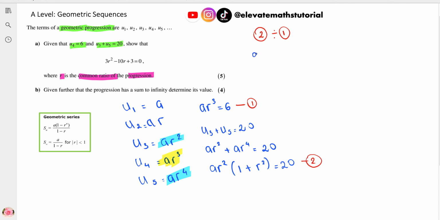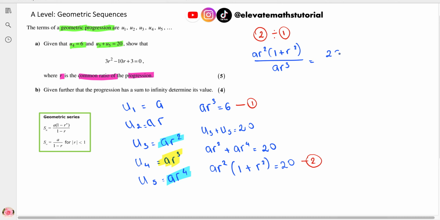So ar squared into 1 plus r squared over ar cubed is equal to 20 over 6. Let's simplify everything. So a cancels out here. r squared cancels with r cubed here, so you're going to end up with r. That also cancels out to 10 and 3 here.